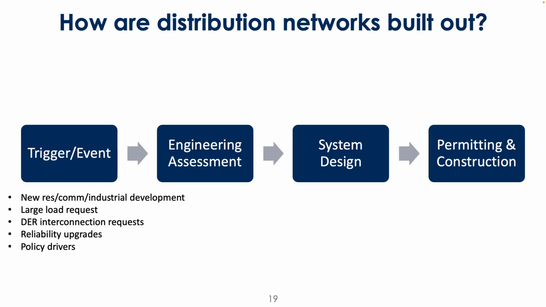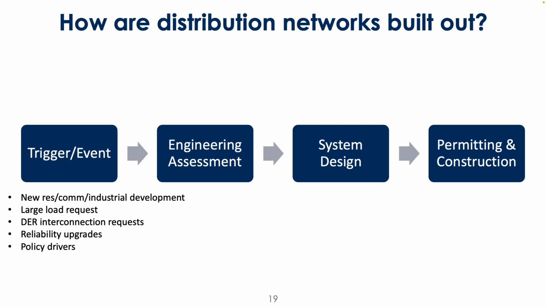And so you make this large load request. Also, in some cases, maybe you want to build solar on your rooftop. You might need to make an interconnection request there. And so there are a number of things that can trigger the start of this build out or deployment.